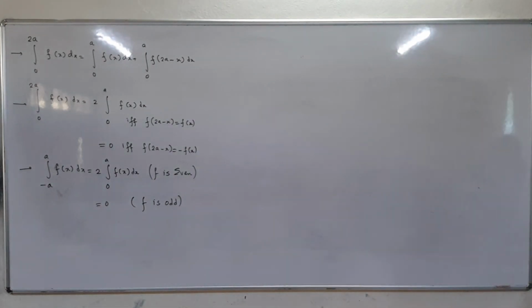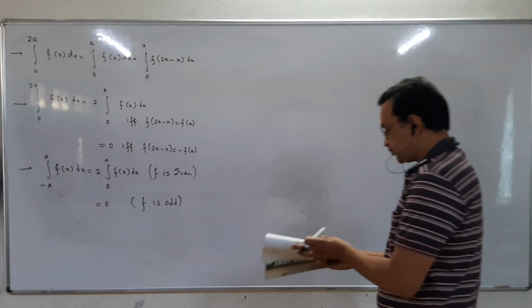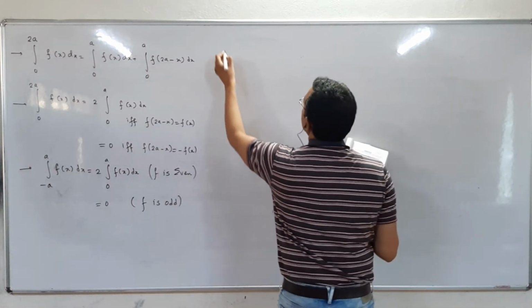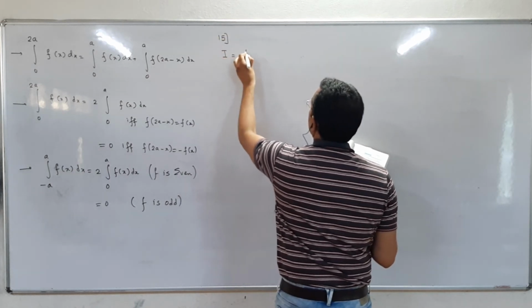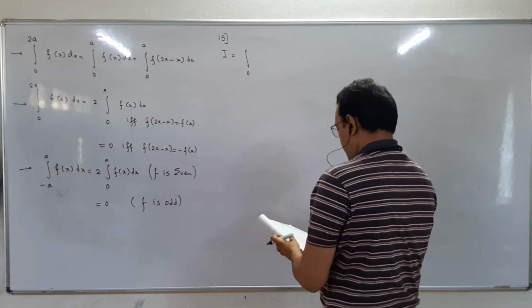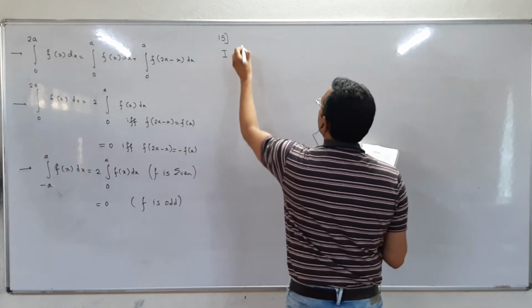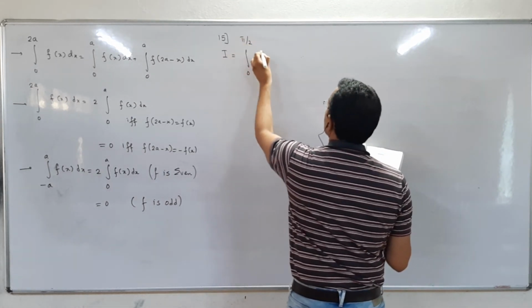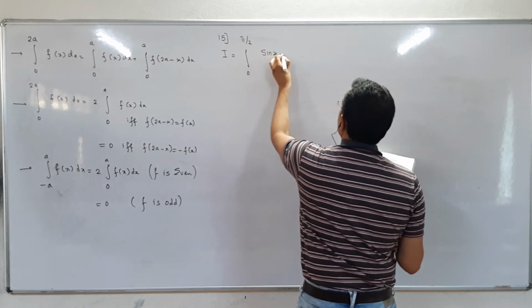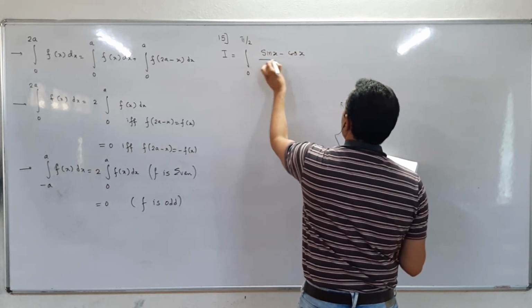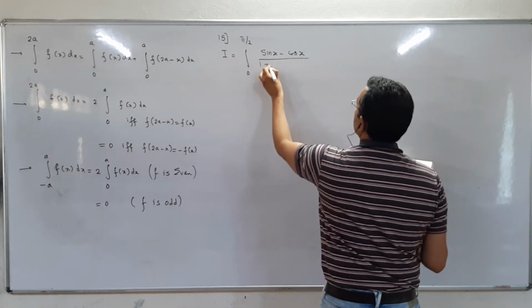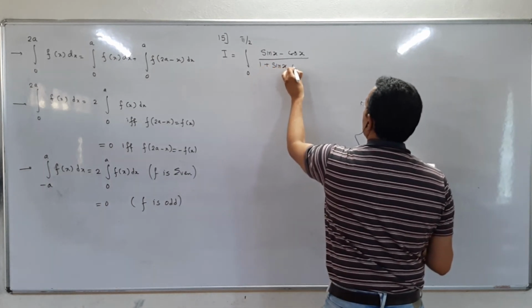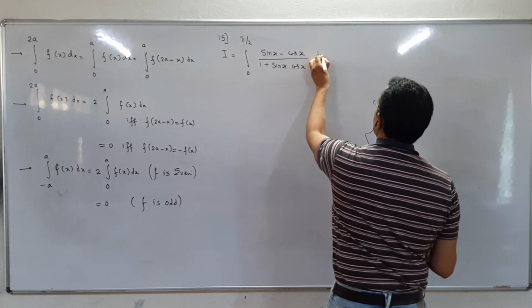Okay, now students, I write question number 15 and 16. Question number 15. The value of integral from 0 to pi by 2 of (sin x minus cos x) upon (1 plus sin x cos x) dx.